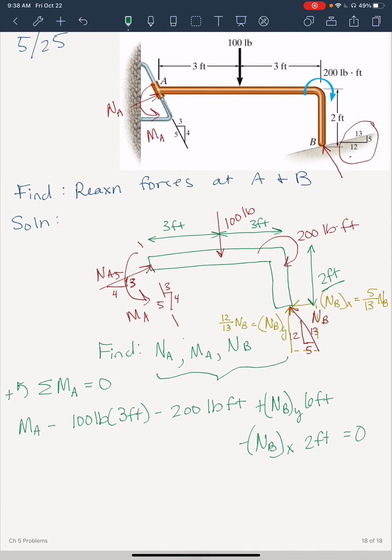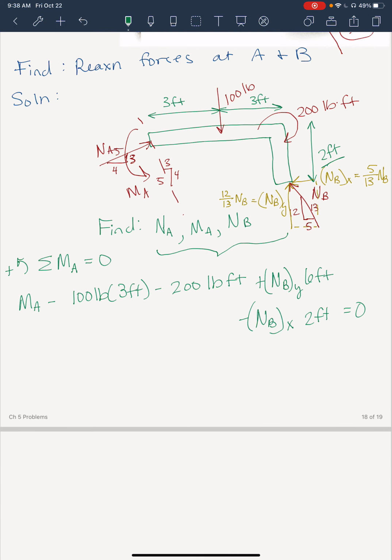So I'm going to rewrite that just with the MB. So MA minus 300 minus 200, so minus 500 pound-feet, plus MBY, that was 12 over 13 times MB times 6 feet. And then minus MBX, that was 5 over 13 MB times 2 feet. That equals 0.